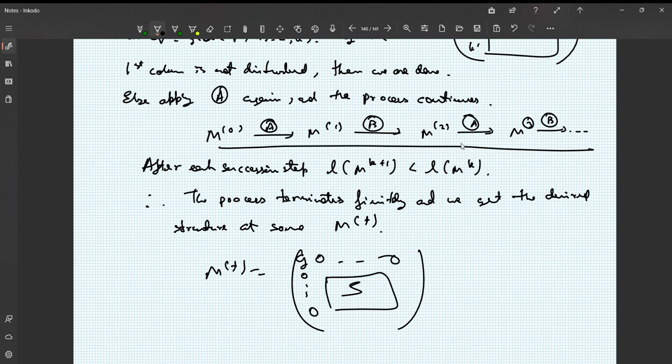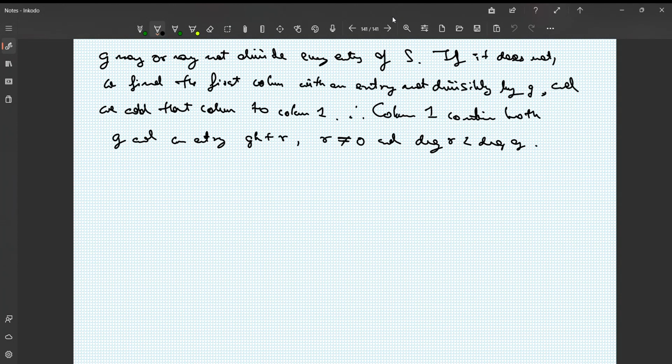Right. Then we use the complete procedure which we had used to get this structure.